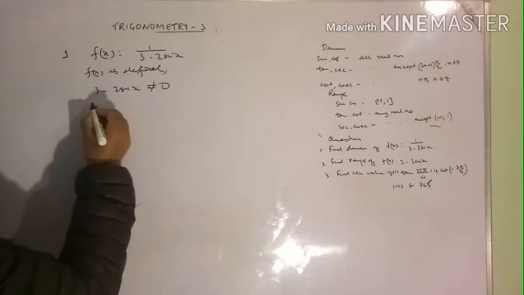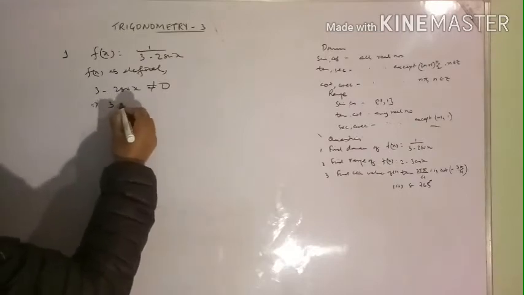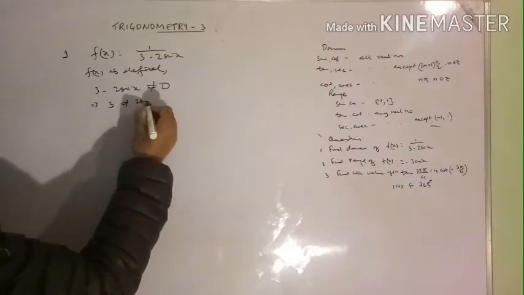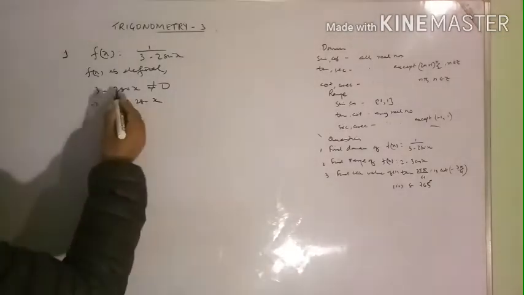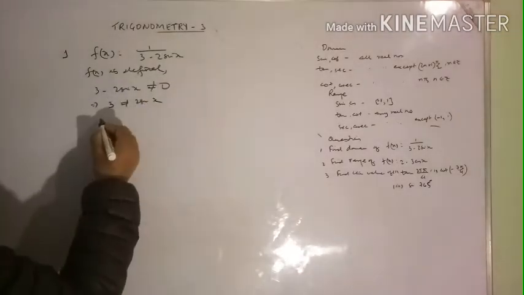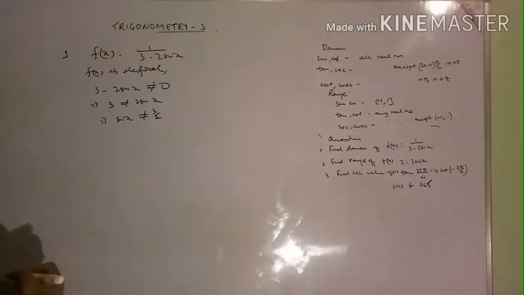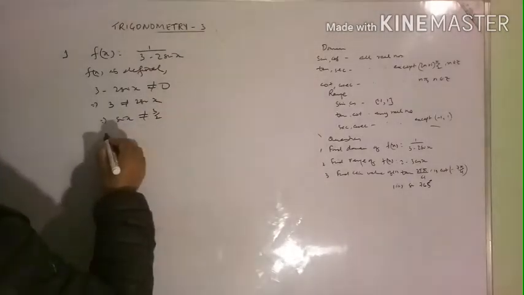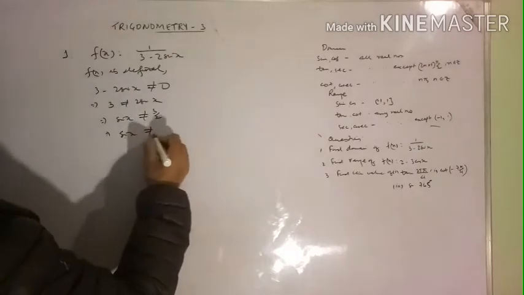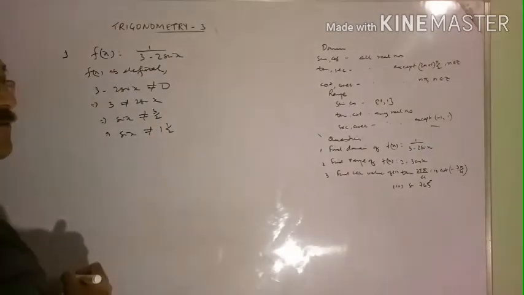So this means 3 should not be equal to 2 sine x. Taking 2 sine x to the other side, sine x should not be equal to 3 by 2, that is, 1.5.